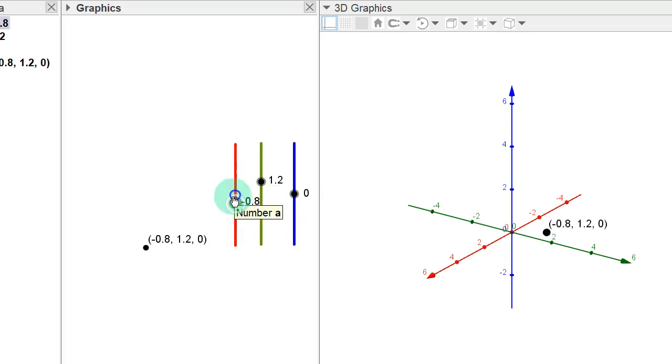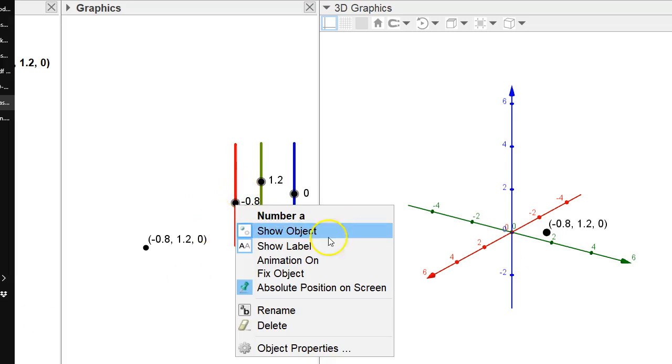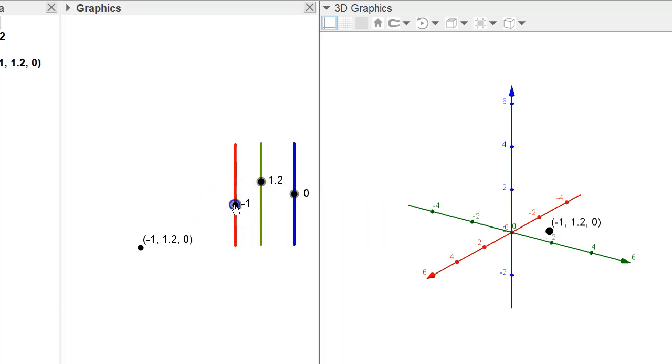Now, if I make x be 0, we can get to the y-axis here. If I change the y coordinate, you move parallel to the y-axis, and then from there you can go up or down by changing the z coordinate.